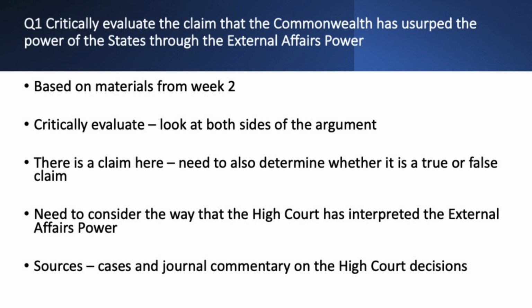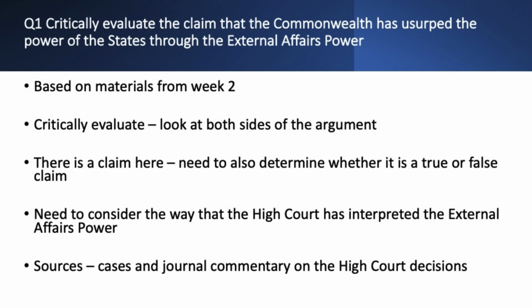Now, before you go on to talking about the way in which the High Court has interpreted the external affairs power, you need to provide that background information about the power so that you demonstrate to the marker that you know that, for example, the external affairs power is contained in Section 51 of the Constitution and that it is a concurrent power, so it's a power shared with the states.